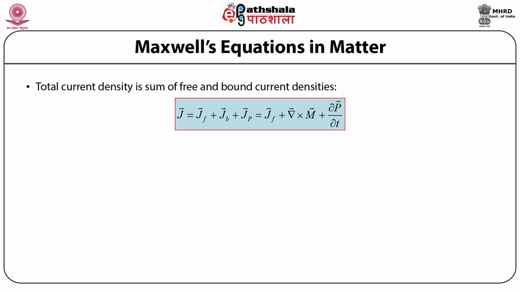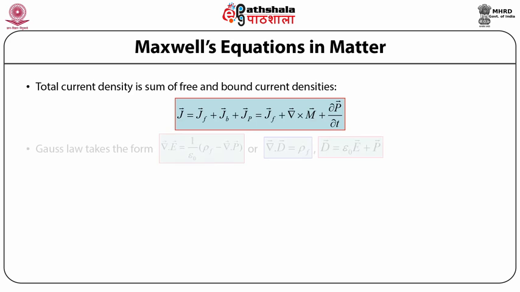The current density due to bound charges is given by the curl of the magnetization vector M, while the current density due to electric polarization is given by the time variation of the electric polarization vector P.